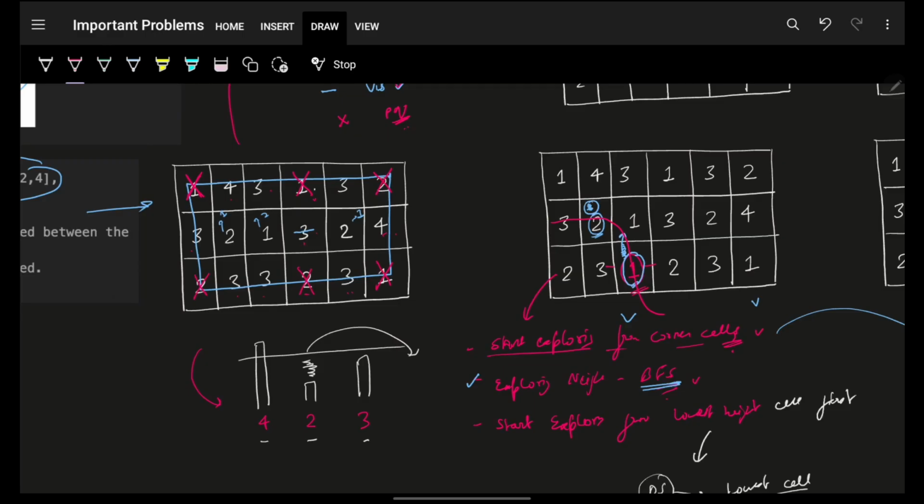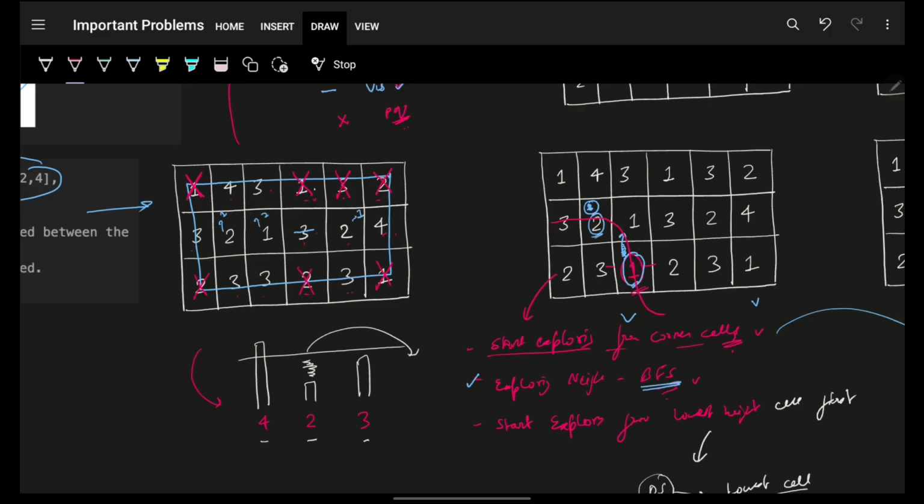Now comes the next part, which is 3. For 3, I will pick it up from the priority queue. These are already visited. This is not. If this is not, I will simply visit it.